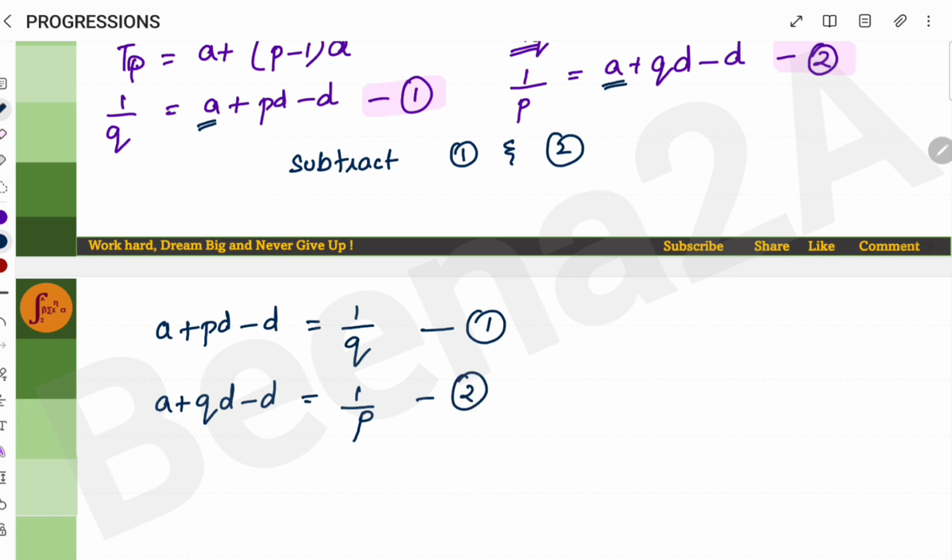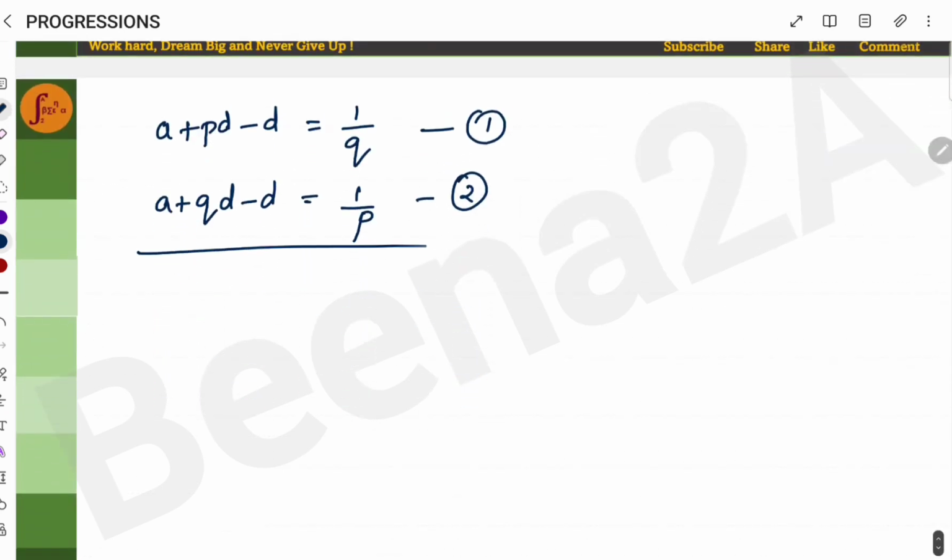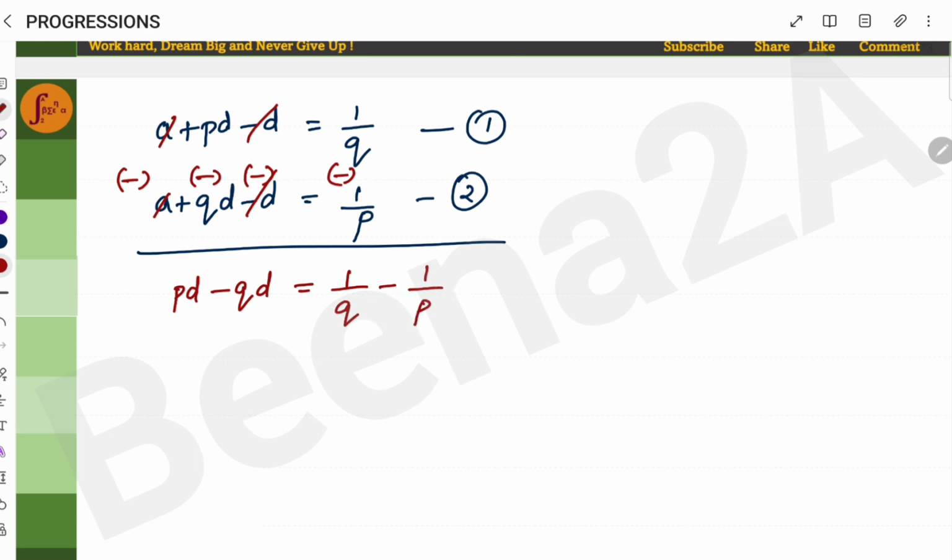This is equation 2. So I'll subtract the entire thing. So A and A will get cancelled. Minus D, this will become minus and minus, it will become plus. So minus D and plus D will get cancelled. So I'll be left with PD minus QD is equal to 1 by Q minus 1 by P.